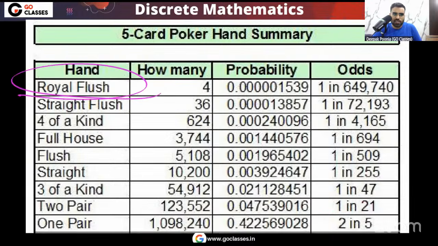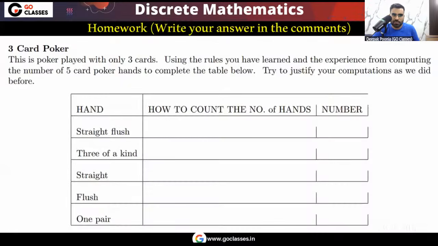For a royal flush, the odds are almost 1 in 6.5 lakhs. Yes or no? What are the odds of two pair? Almost 1 in 21. What are the odds of three of a kind? Almost 1 in 47. So you can see the odds are written, the probability is written, the total count is written, and these are the different types of poker hands. Okay, this is the complete summary. Now this is the homework question.